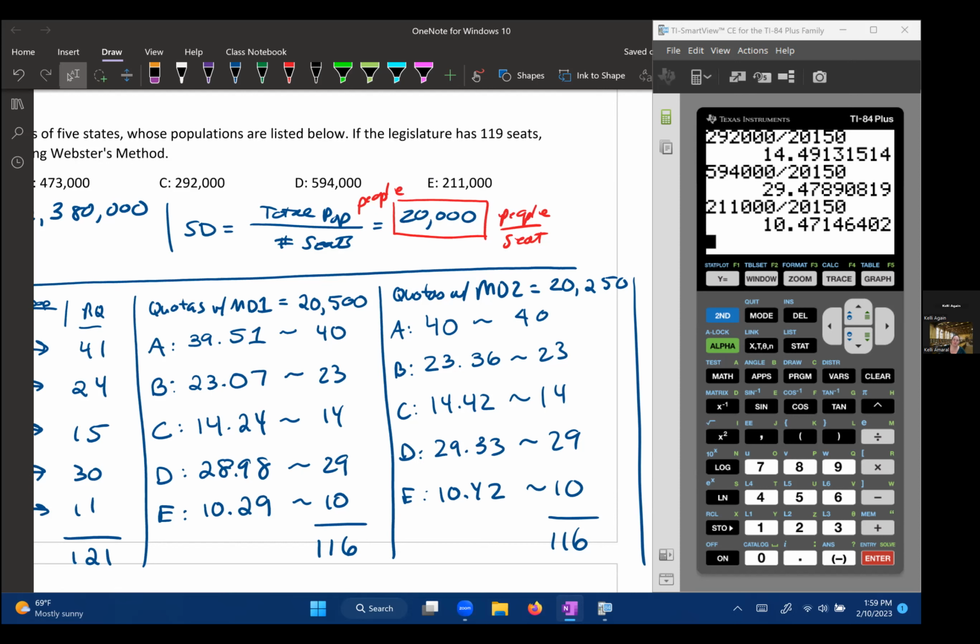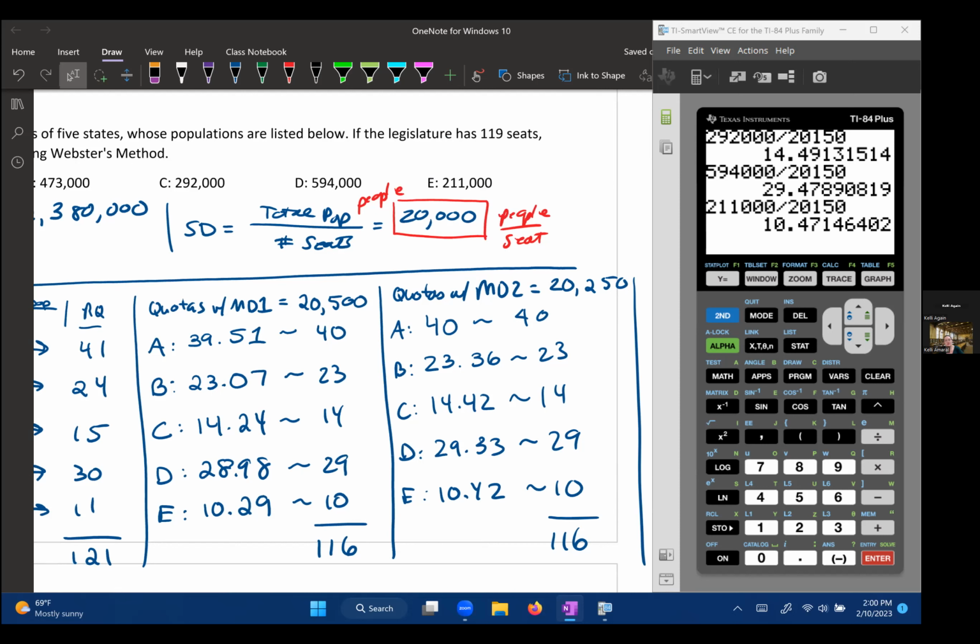Then I had too few seats, so my quotas were too small. I needed to make my quotas bigger, which means I had to make the divisor smaller. I did, but the number I chose wasn't good enough. Then I made it even smaller again, but that still wasn't good enough.